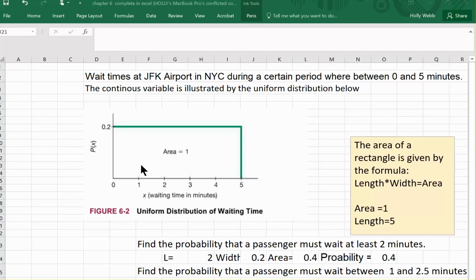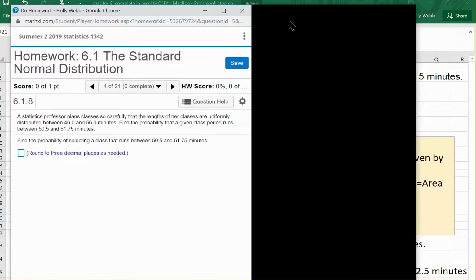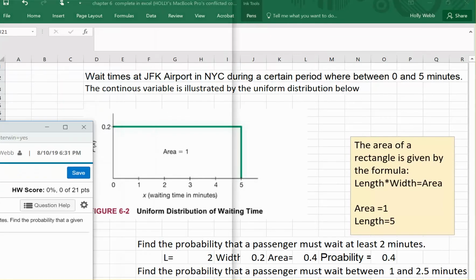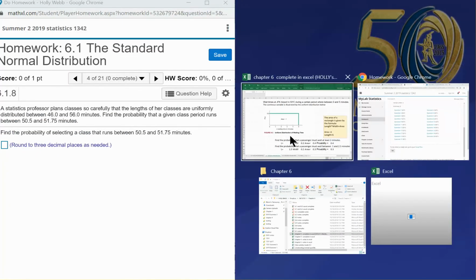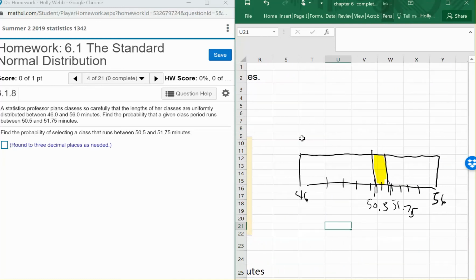I'm going to go ahead and do a homework example and show you how I would draw the uniform distribution and shade it and find the length and width. So here we have an example of a uniform distribution problem.